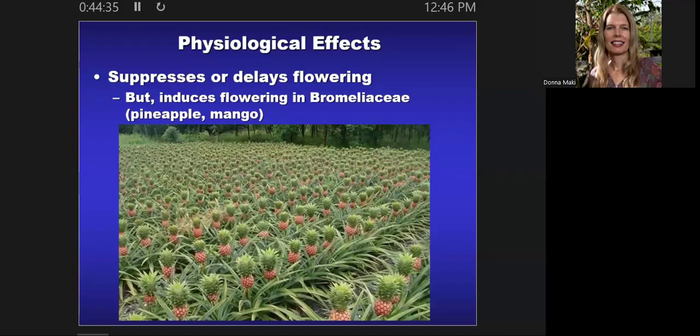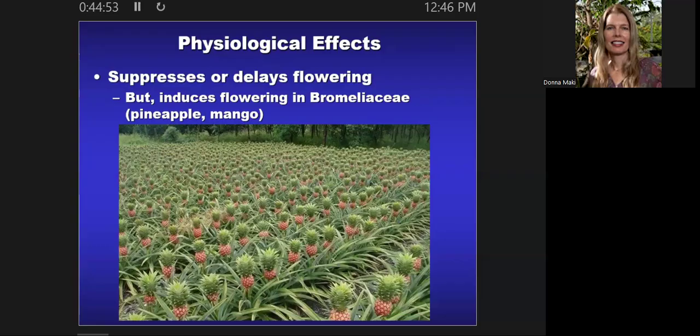Then you hit pineapple plants and mango and a couple others with ethylene at the right time and it syncs up everything, and it actually triggers flowering. In most other plants, though, it suppresses flowering.